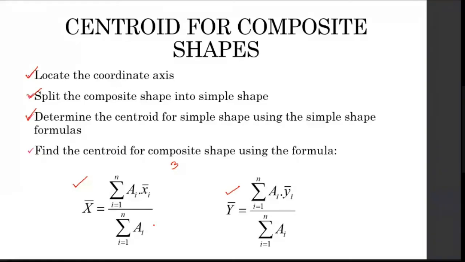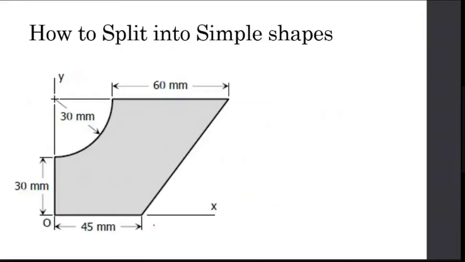Now we'll proceed with this, and we consider this as my shape. It looks very complicated, right? So I have to split this into simple shapes. When splitting, you can add or you can subtract. How to do that? I can consider this as a full rectangle.